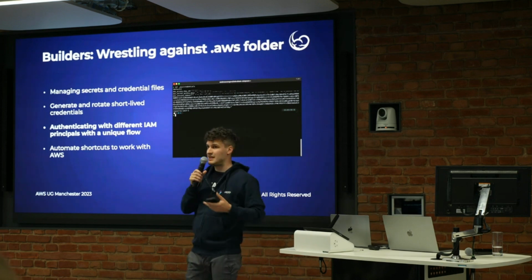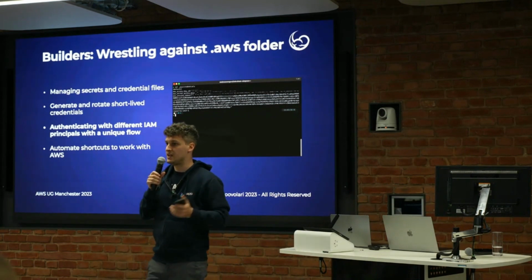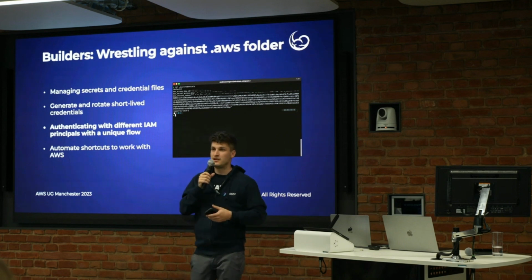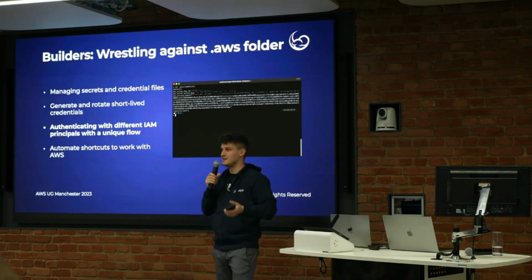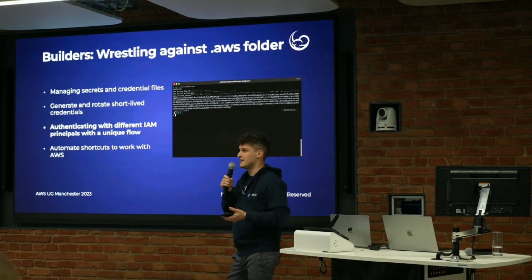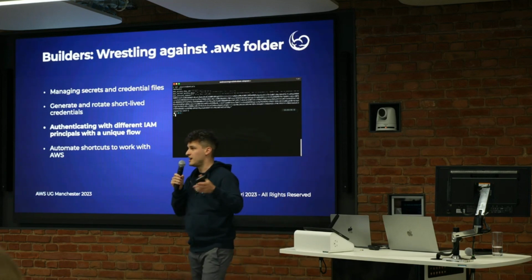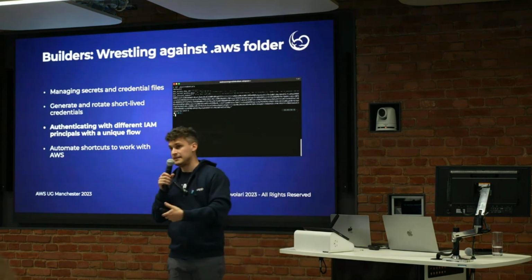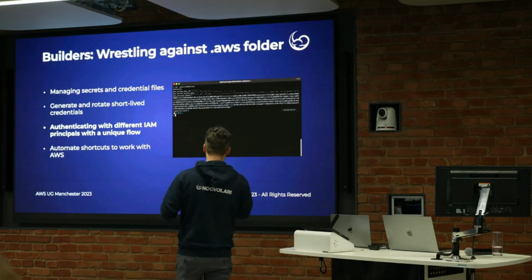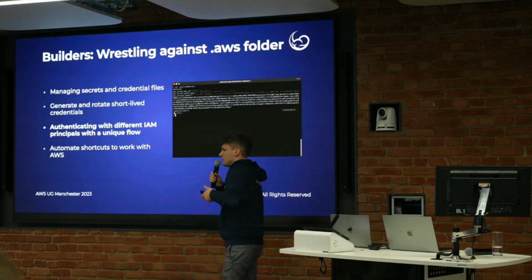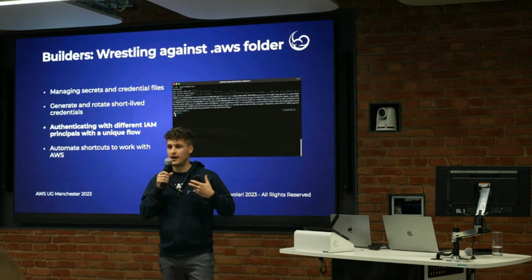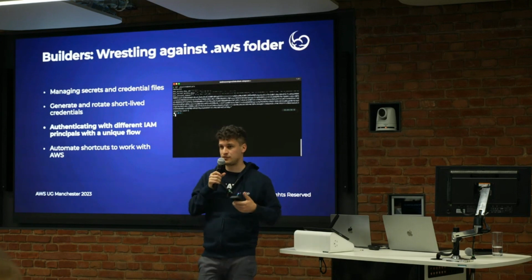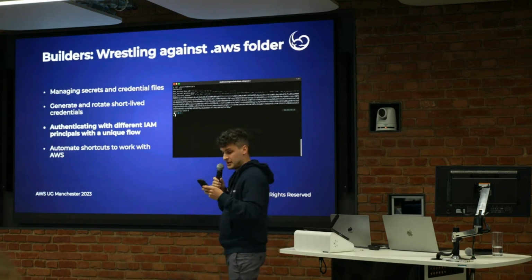We want to authenticate with any different IAM principal with the same workflow, since we had a lot of customers with different methods to access AWS, and we don't want to remember every time how to access that account. Later on, within the community, we decided not only to access, but also to help us automate our cloud tasks. So we created some sort of automation that we will see later on.